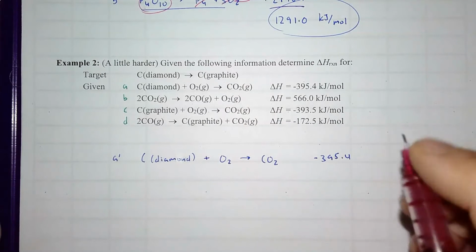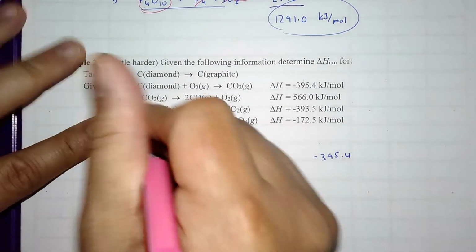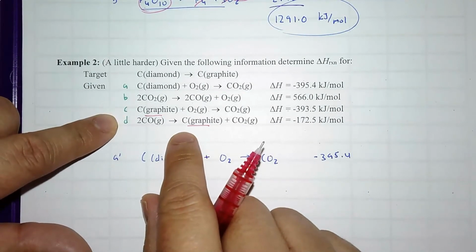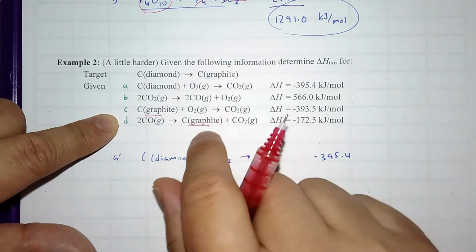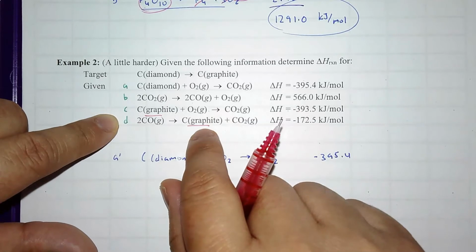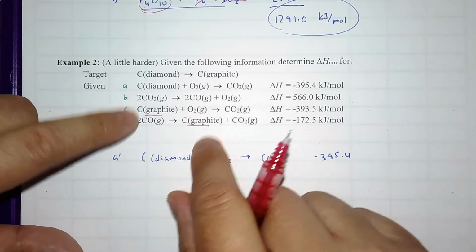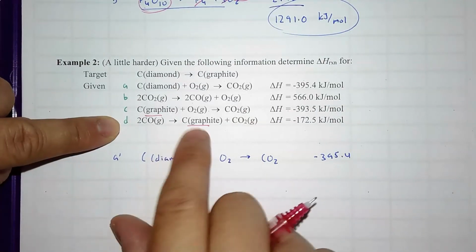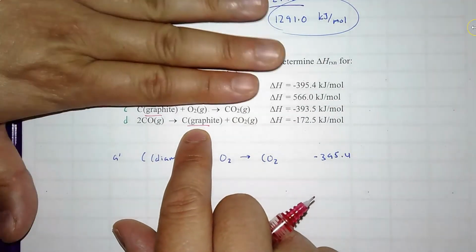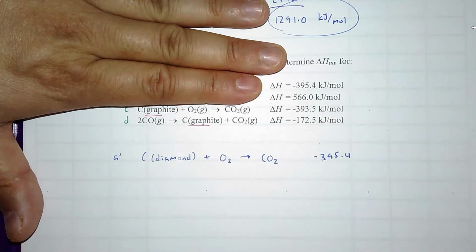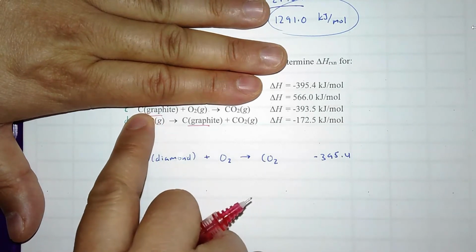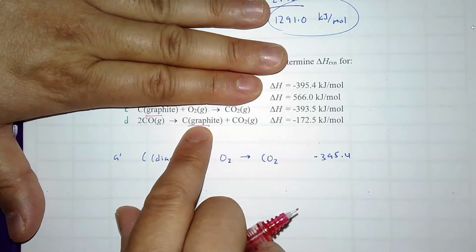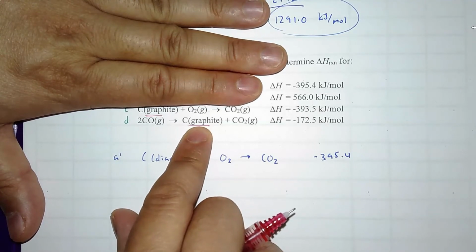That suggests to me that because of this, I'm going to have to multiply one of these by 2 and then cancel out the other when I add them. For instance, if I multiply D by 2, if I just add C and D, the graphite on the left cancels out on the reactants, and I'm left over with 1 graphite molecule on the right.